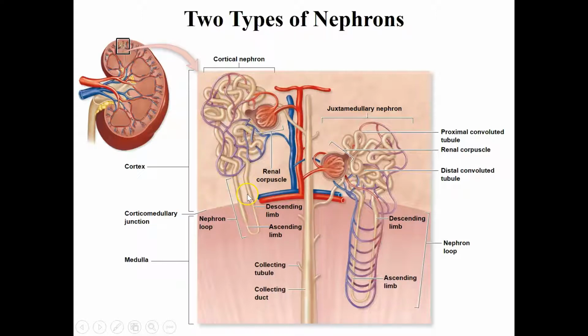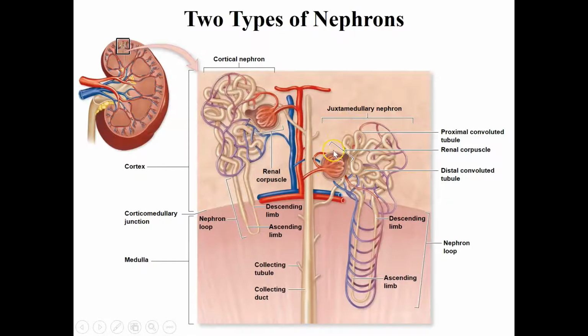The loop of Henle does dip down somewhat into the medulla, however. Okay? So cortical, mostly in the cortex. The juxtamedullary nephron is positioned much closer toward the medulla, or the border with the medulla anyway. In fact, the term juxtamedullary means next to the medulla.